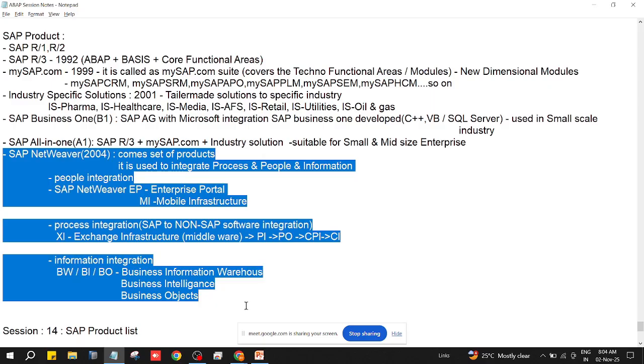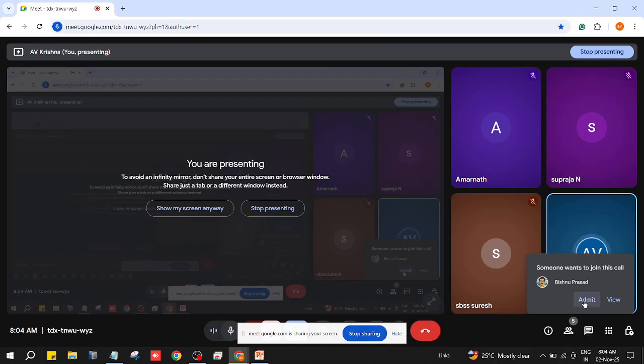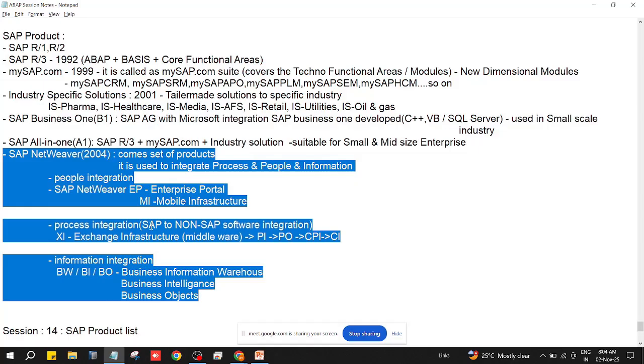Some applications run on SAP, some applications run on Java. So Java platform and Java runtime, SAP runtime, both. When Java is also incorporated into our SAP software, the product dimensions change totally.